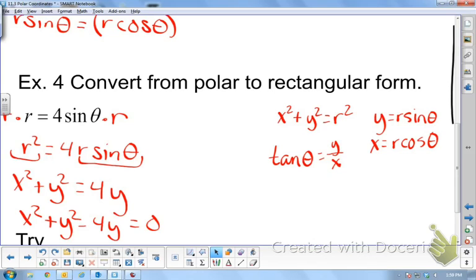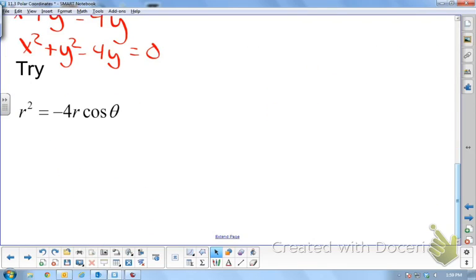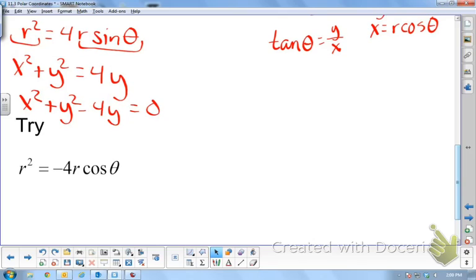The try problem is a little easier as long as you recognize some stuff from the beginning. What should we recognize on this one? R squared's already there. R cosine theta's also already there.